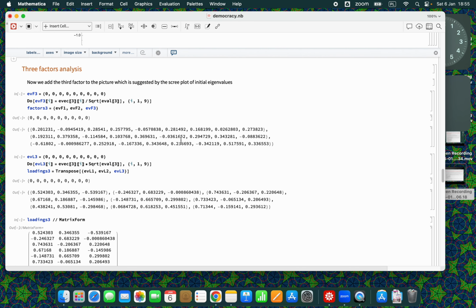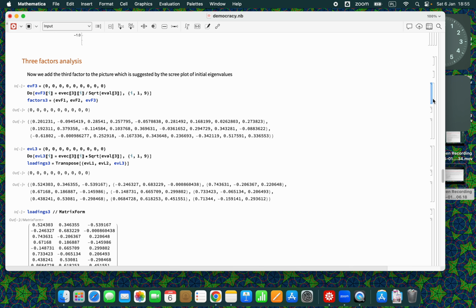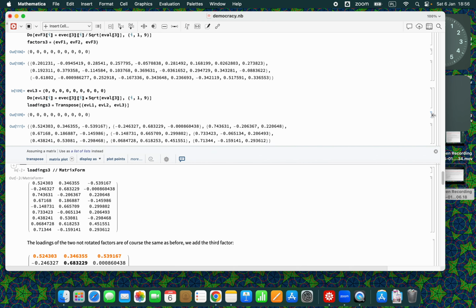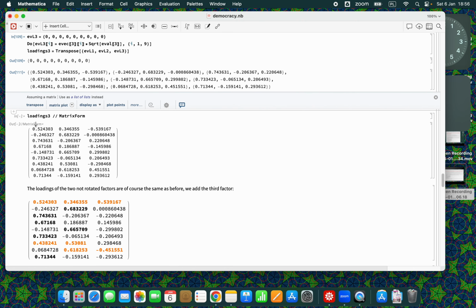So now we pass to three factors, which means that we have to add the third factor to our analysis here, and also calculate the loadings. And of course, the initial form of the first two factors is the same as previously, because they are just eigenvectors multiplied by some coefficients to make those components correlations with variables.